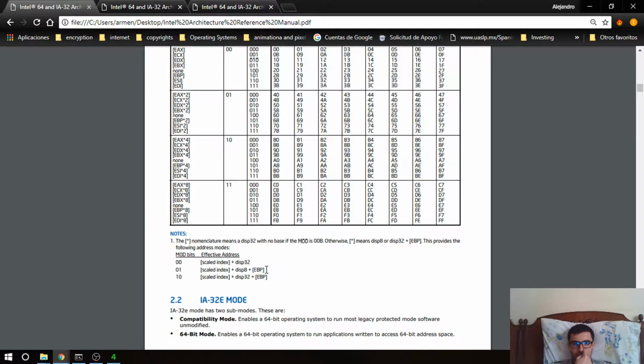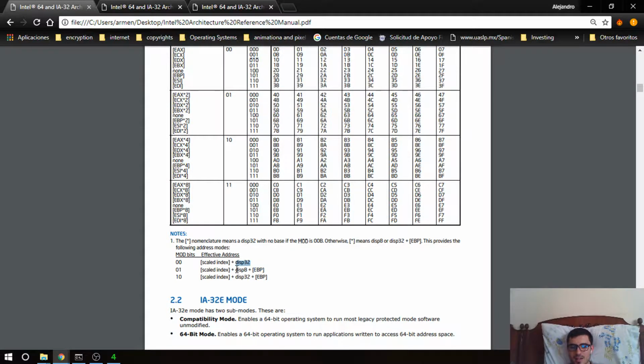Now the thing I don't understand is whether this displacement is encoded in the displacement field. Yeah, it should be, because this just tells me the size. So this tells me the size of the displacement that I have to look for next in the encoding.